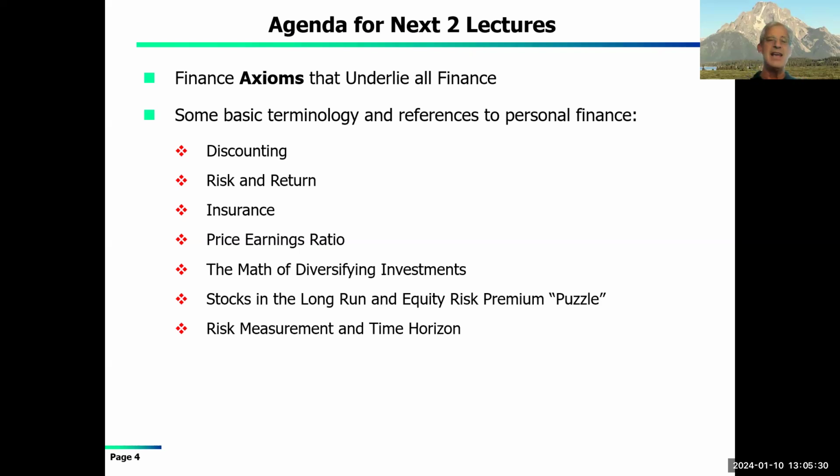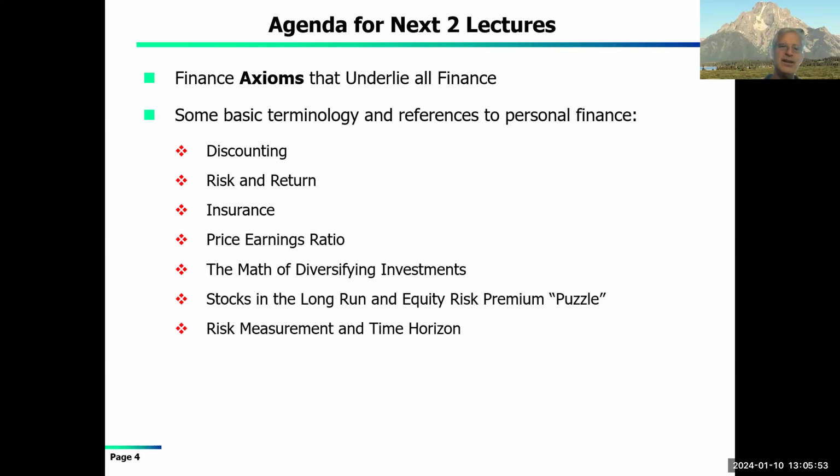Why is discounting a core construct in finance? What is that really about? Risk and return, insurance, price earnings ratios. What is the underlying math? Why do the good advisors say it's always good to diversify your investments? What's that really about?